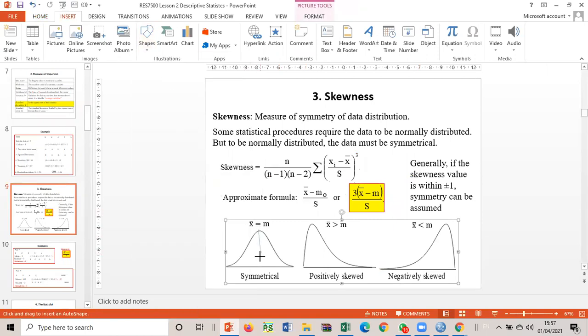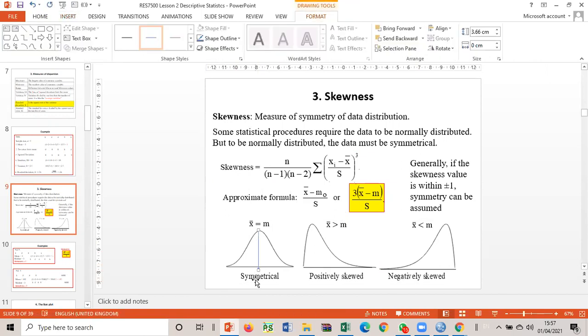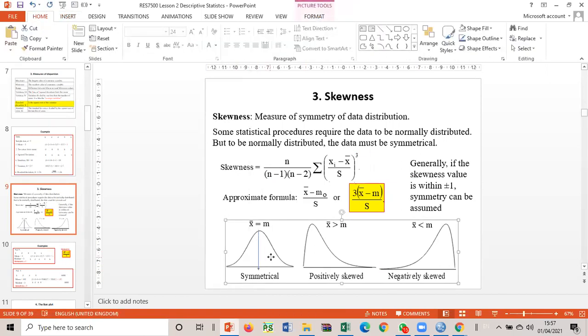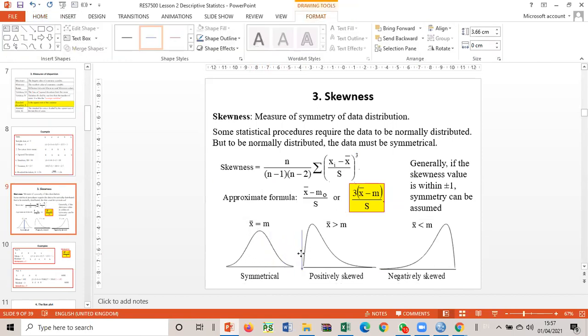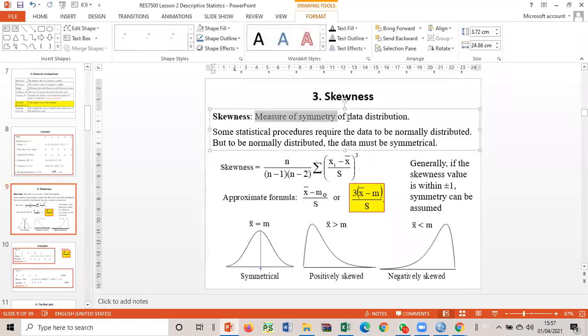When you cut along one axis, you get two equal halves, right? Is this symmetrical? No. Is this symmetrical? No. Is this symmetrical? Yes. So it is a measure of symmetry.